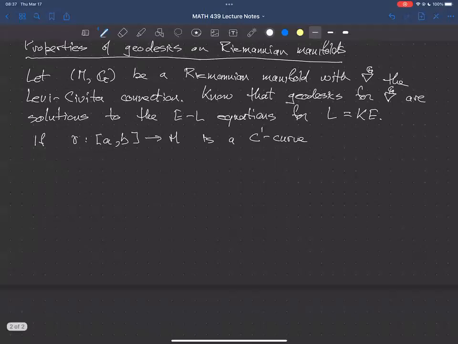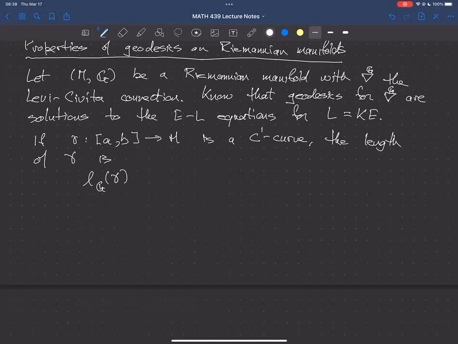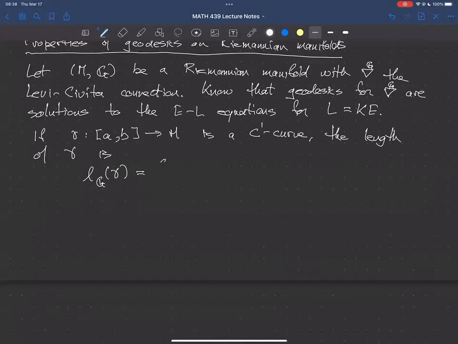So if gamma is a C1 curve, then the length of gamma is L_g(gamma). L for length, g because we're going to see that the length depends on g. What you do is you integrate from a to b, and then you take g(gamma'(t), gamma'(t)).